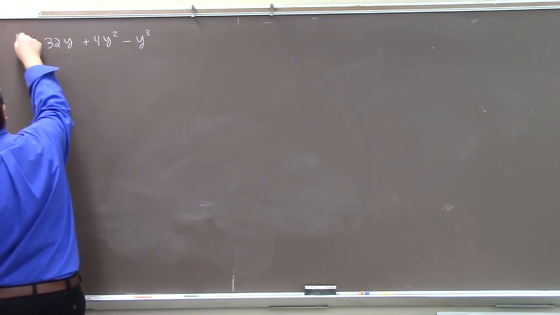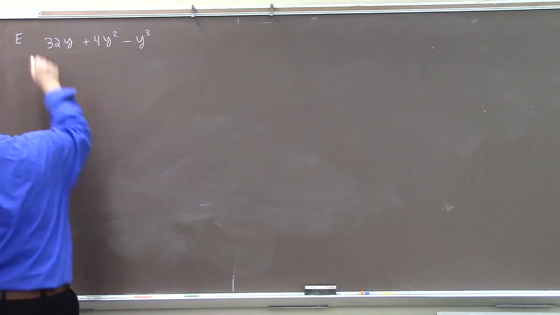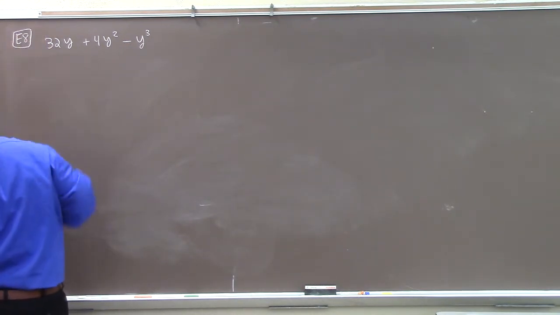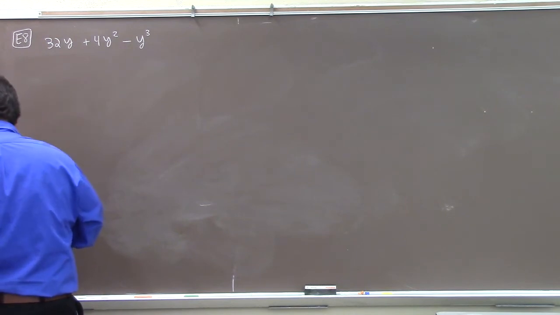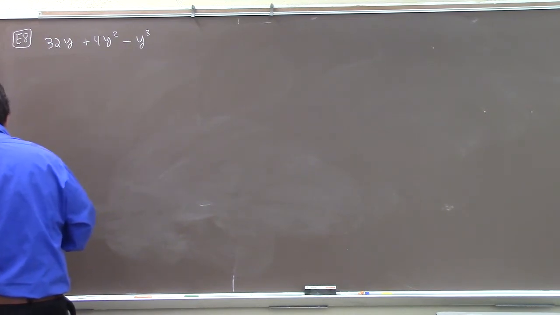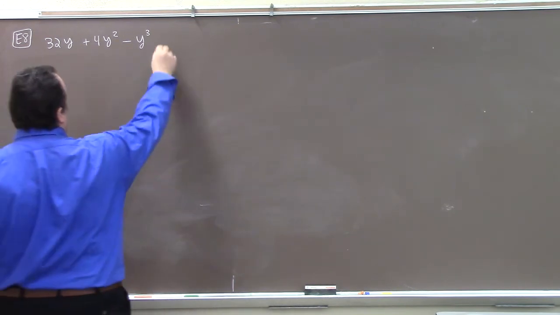So here, this is it. What example was I on? Is it 8? Example 8. All right. So technically, this is from your section 4.4, I guess. So it's the section 4.4 problem. We're supposed to factor this trinomial.